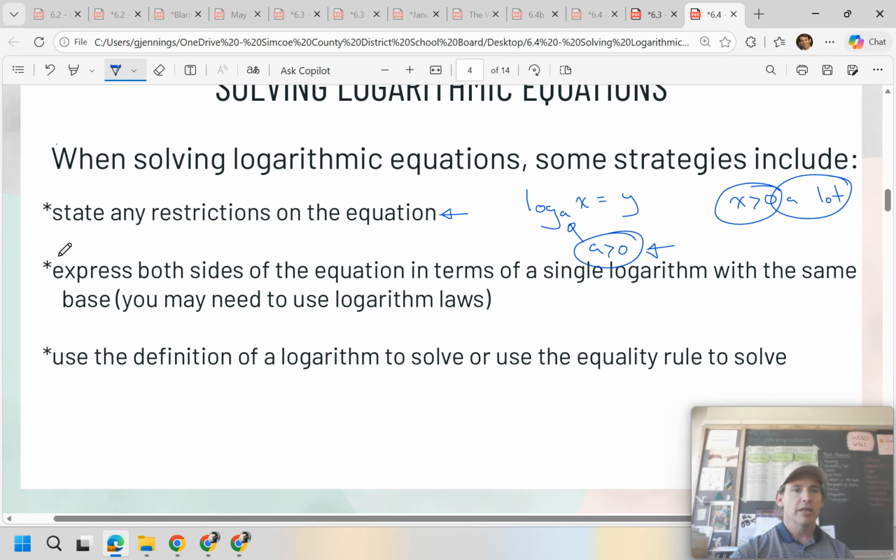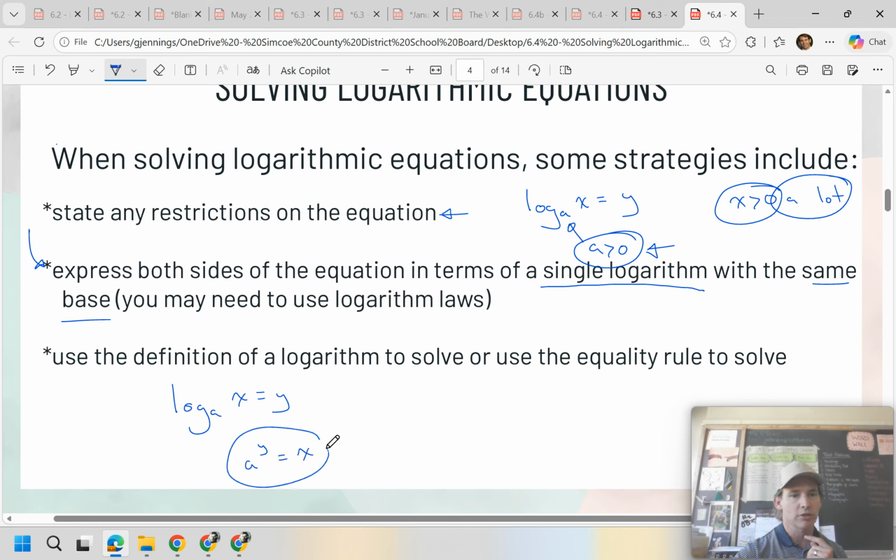All right, the next thing we want to do is express both sides of the equation in terms of a single logarithm with the same base. This is similar to manipulating the base of an exponential equation on both sides so that you have the same base number, and then we can solve by using the definition of a logarithm. So the definition of a logarithm: if we have log base a of x is equal to y, then that rearranges into a to the y equals x.